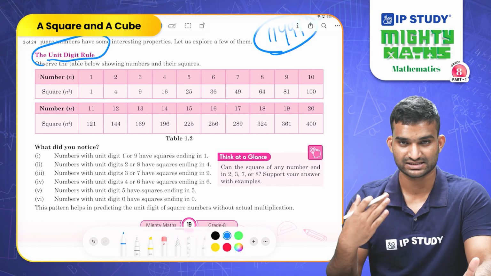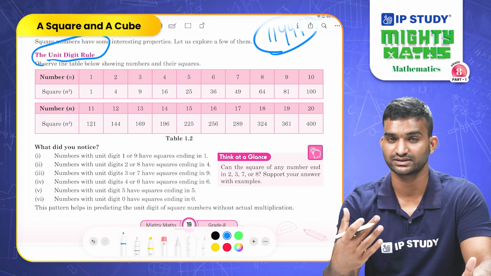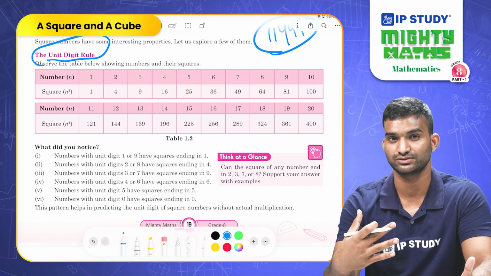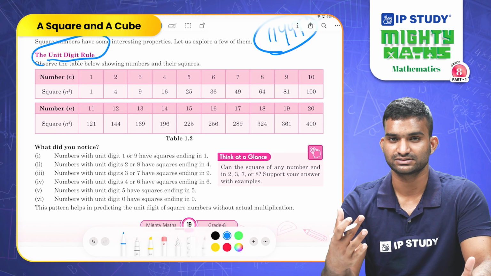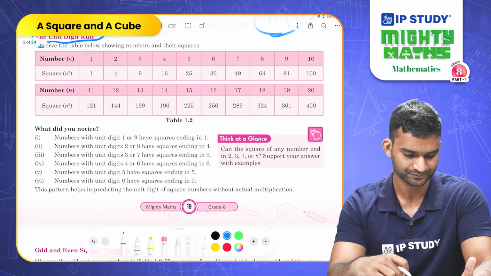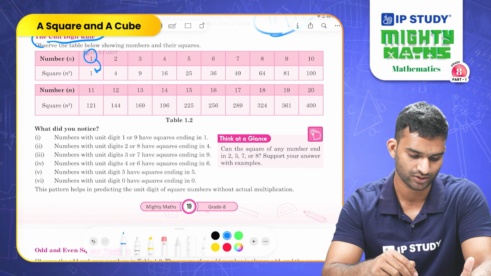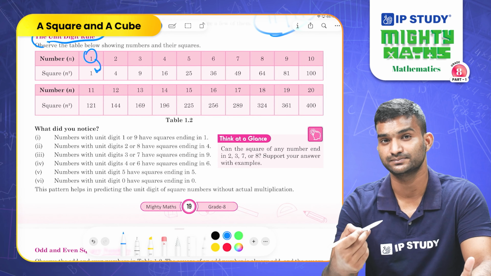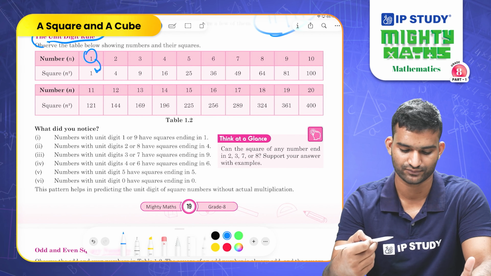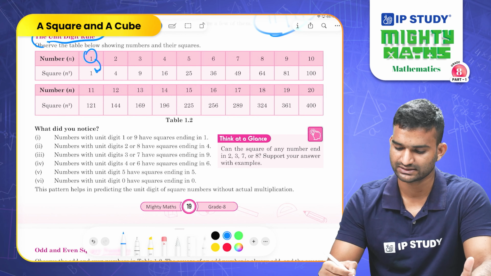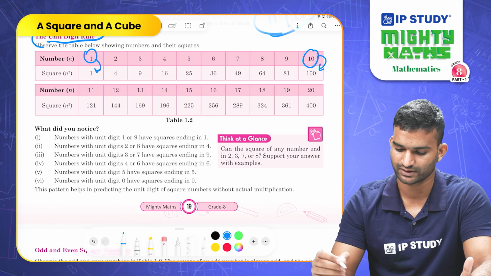Let's see some patterns when we take the square of numbers and how these unit digit patterns come into the process. When we take the number 1 and take its square, we get 1. When we take the number 2, we get its square as 4. Similarly, we can take the number 10 and its square will be 100.